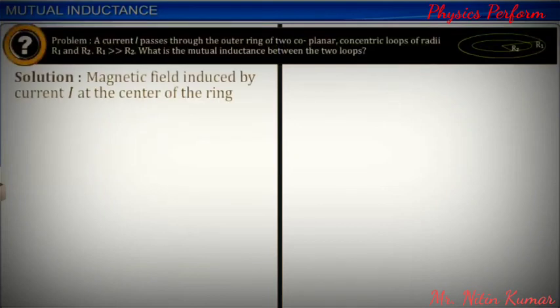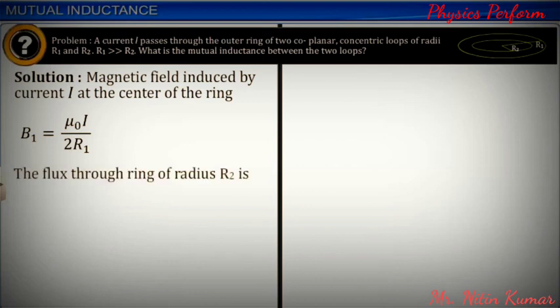The magnetic field induced by a current I at the center of the ring of radius R1 is B1 equal to mu naught I by 2R1. The flux through the ring of radius R2 is given by phi21 equal to B1 A2. This implies that phi21 is equal to mu naught I by 2R1 into pi R2 square.